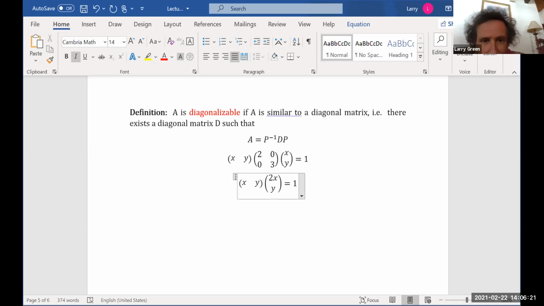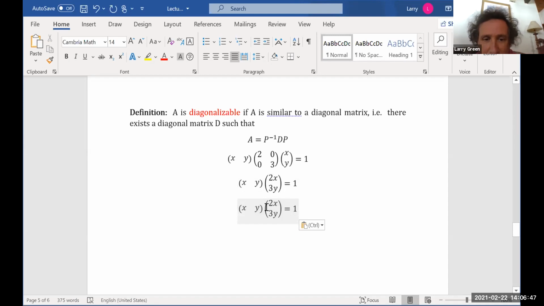If you take [0 3] times [x; y], you get 3y. So now I multiply these two matrices. Notice this is a 1 by 2 times a 2 by 1, which gives you a 1 by 1. And a 1 by 1 is just a number, with variables in it.